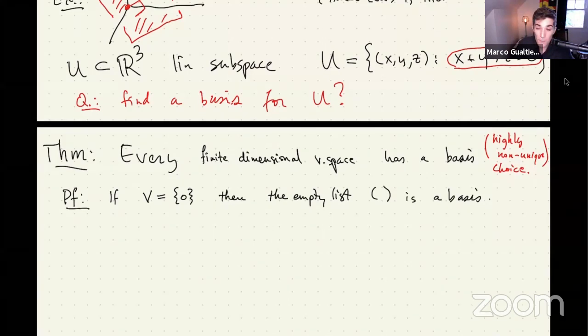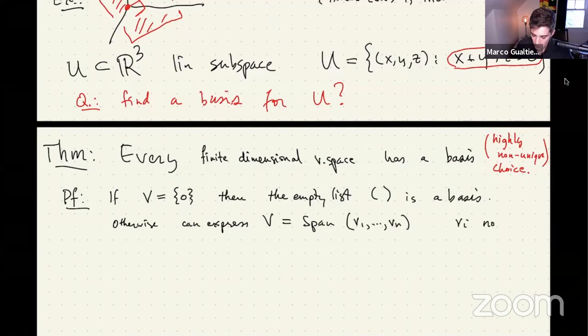So otherwise, we can express V as the span of a spanning list, where the v_i's are non-zero. Okay, why is that the case?